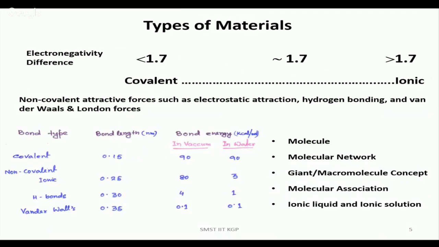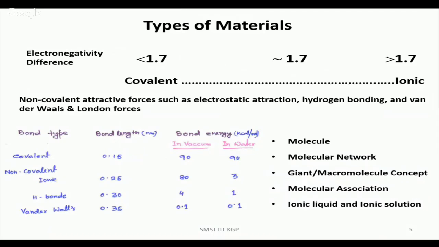If the electronegativity difference is more than 1.7, then there is a special character called percent ionic character. If it is about 1.7, then it is about 50% covalent and 50% ionic. If the bond has an electronegativity difference more than 1.7, this is called an ionic compound.